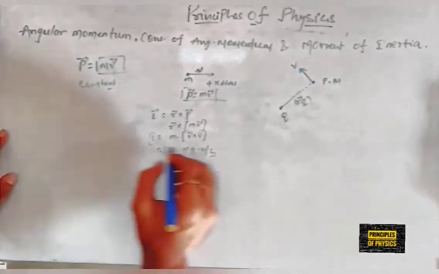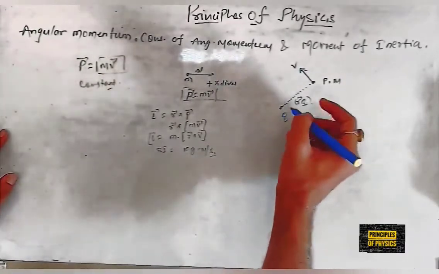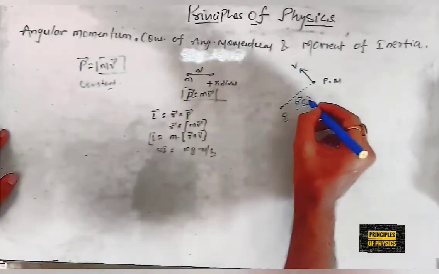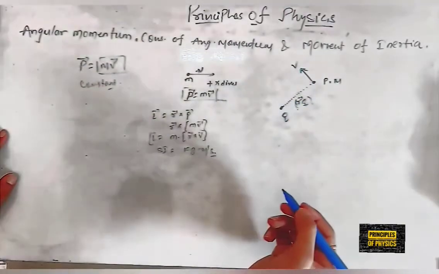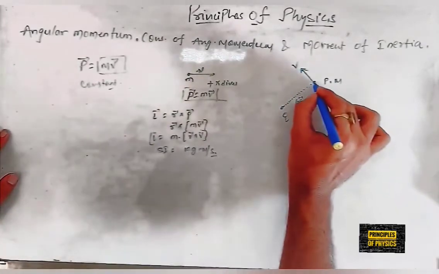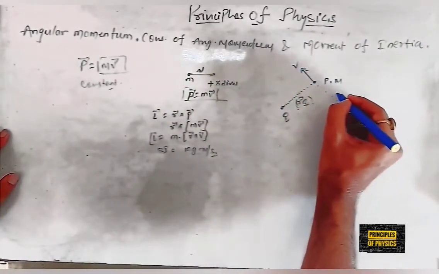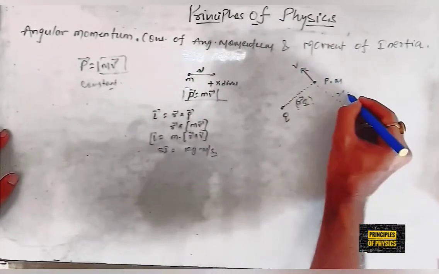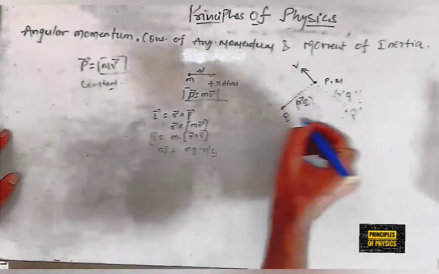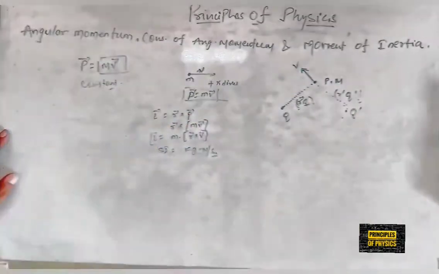But in the angular momentum case, if we take Q as the reference point, then we have a fixed distance R. And if we move Q to the point Q dash, then we have to take a different distance, R dash. So according to our reference point, the distance changes, so angular momentum changes.